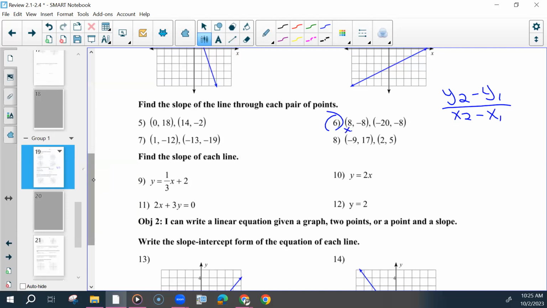Label these x1, y1, x2, y2. So if I put this in, -8 minus -8 over -20 minus 8.